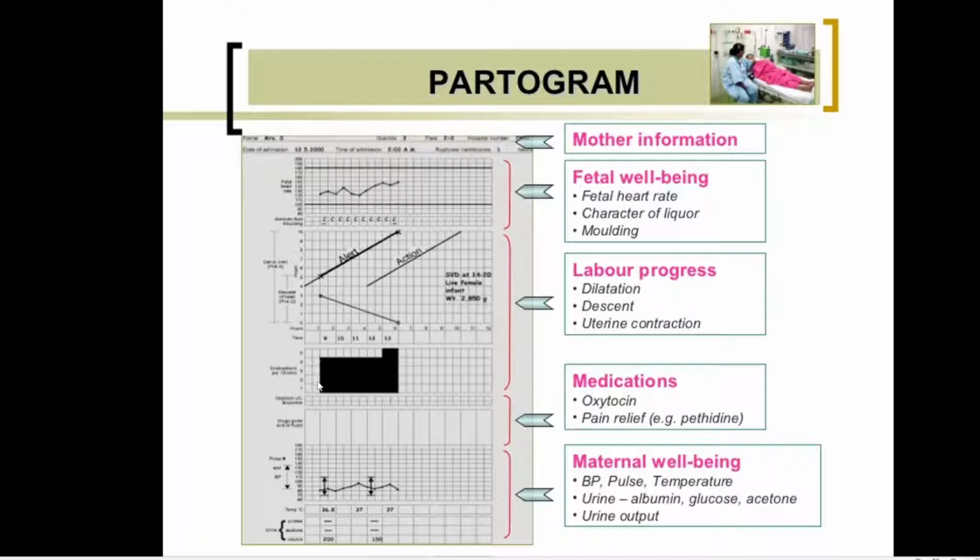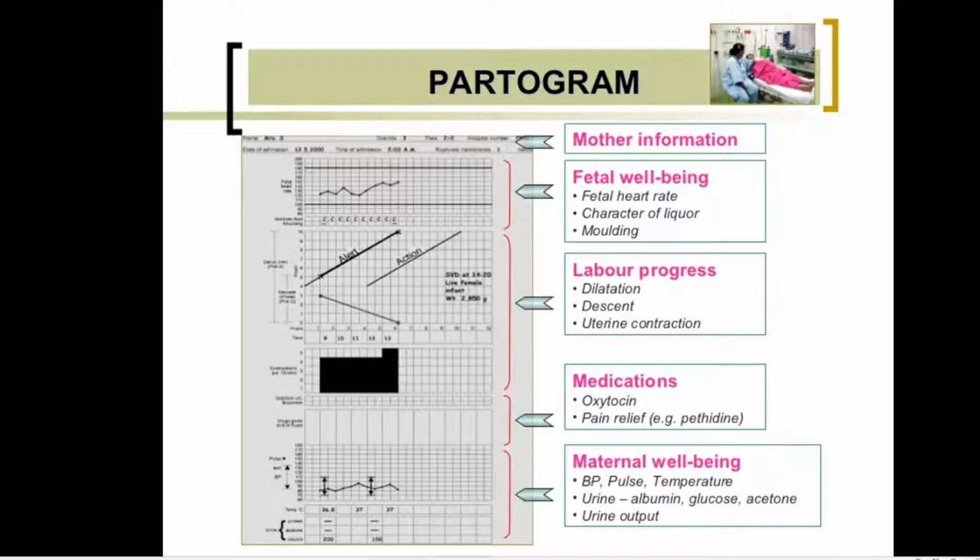And another part is uterine contraction. If there is dark color, we know that the duration of labor pains is more than 40 seconds. We must check the activity of uterine contractions every 30 minutes.